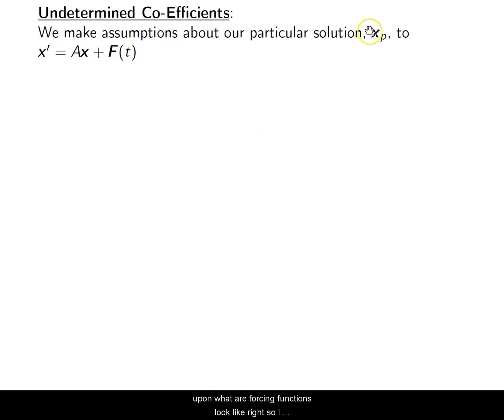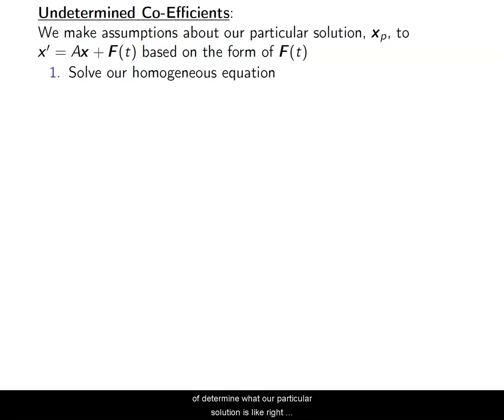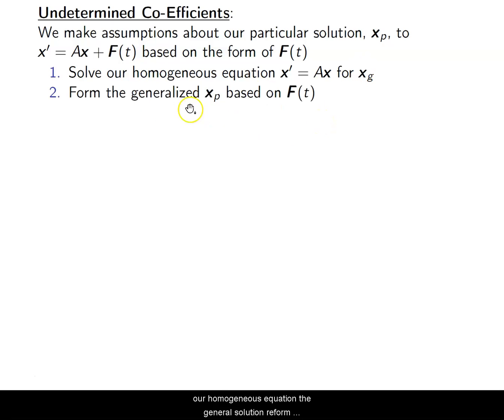Our system looks like this: x prime equals Ax plus our forcing function based on t. Based on the form of the forcing function, we determine what our particular solution looks like. We do this the same way as we normally do. Solve for the general solution of the homogeneous equation.